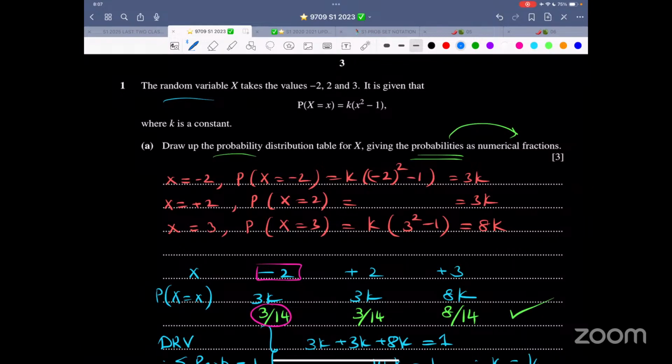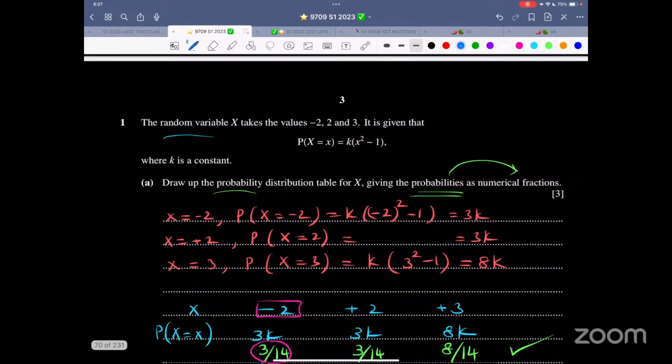Therefore, all the probabilities should add up to 1. That is the meaning of the name, discrete random variable. So D for discrete, R for random, and V for variable. When we use discrete random variable, what it means is that we are using integer values for x.